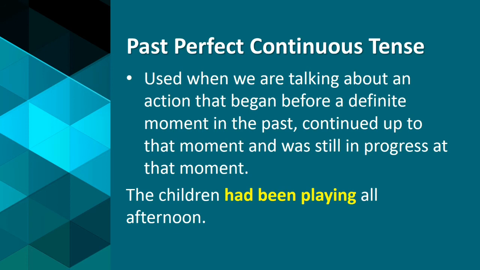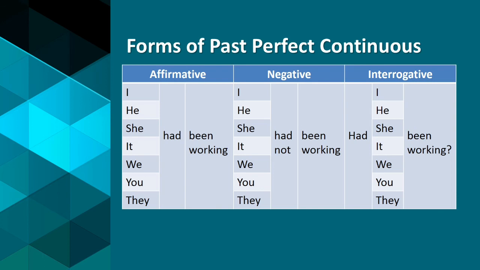So that is it. The forms of past perfect continuous tense. You have 3 forms as usual: the affirmative, the negative, and the interrogative. He had been working. Had is the perfect. The been working takes care of the continuous.